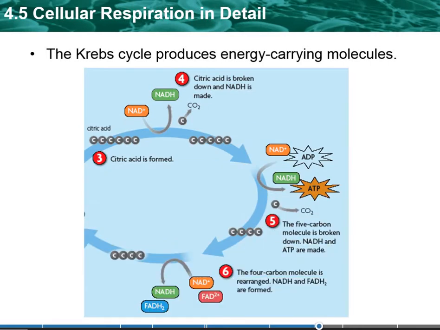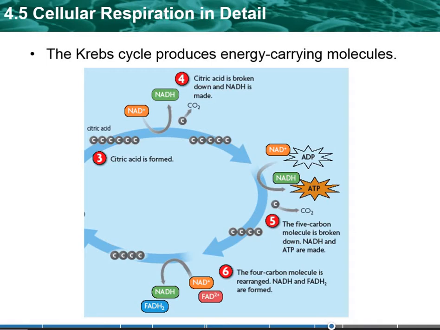As it goes through, every time you rip off a carbon, you'll sometimes create ATP during the process. You'll create 1 ATP per time around.